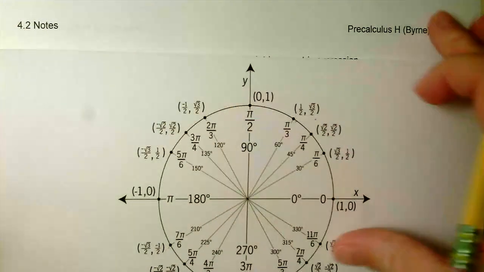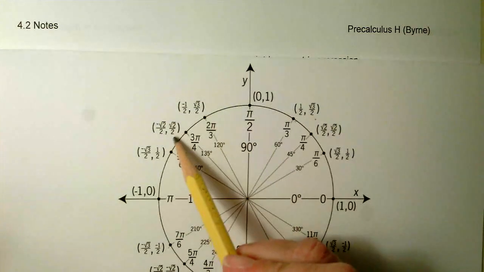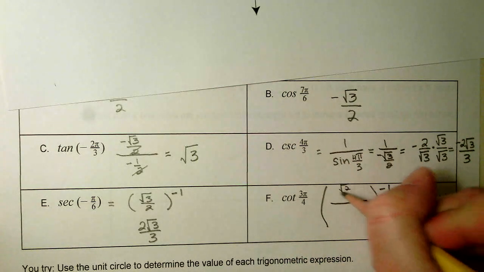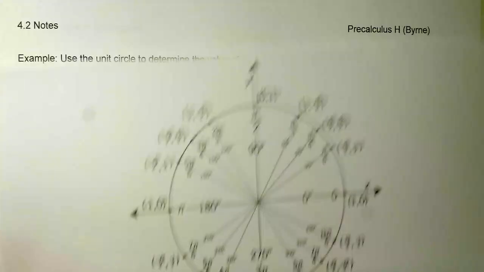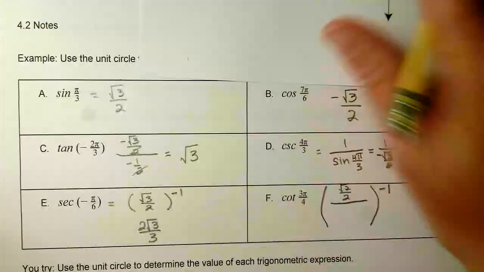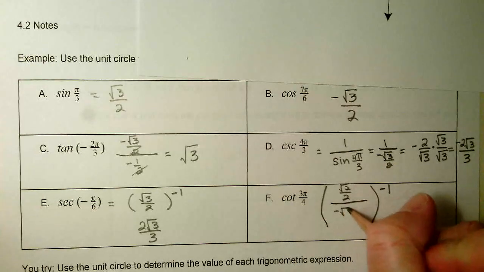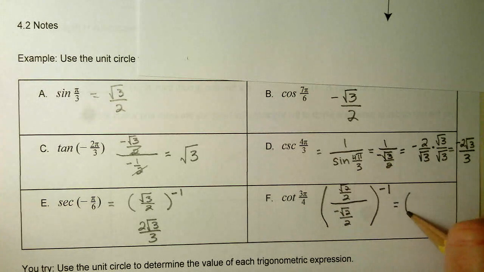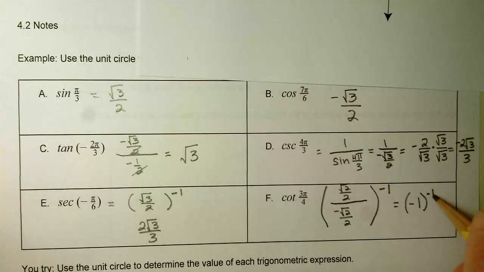I see that this sine would be my y coordinate, so square root of 2 over 2. Cosine is my x coordinate, so negative square root of 2 over 2. I notice that those are the same in magnitude, so the tangent is negative 1, and the reciprocal of negative 1 is just negative 1.